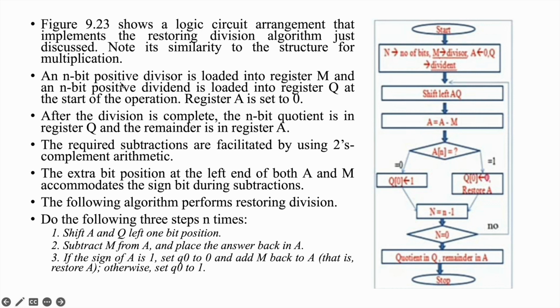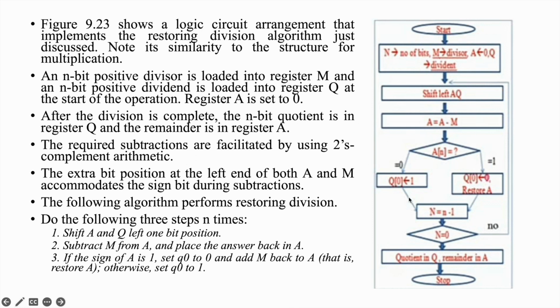Initially we have an n bit divisor loaded into register M. Register M contains the divisor and register Q contains the dividend, and we have a register A which is initially set to 0, so A contains all zeros. We have an n bit quotient because the number of bits in the dividend is n, so the loop has to be executed n times.